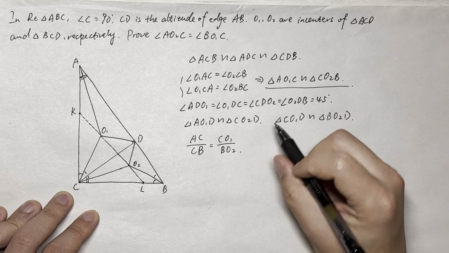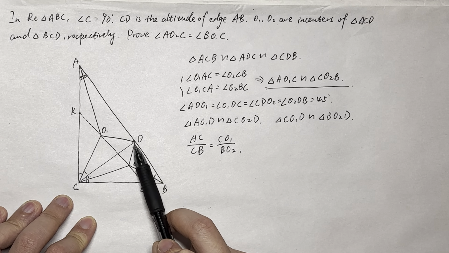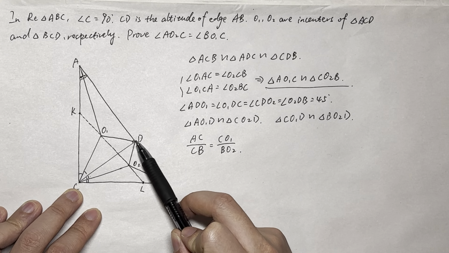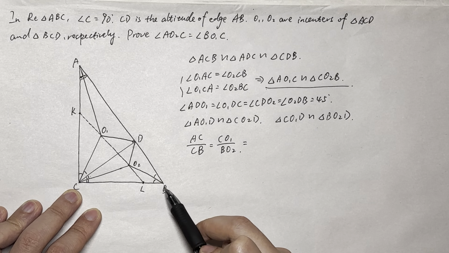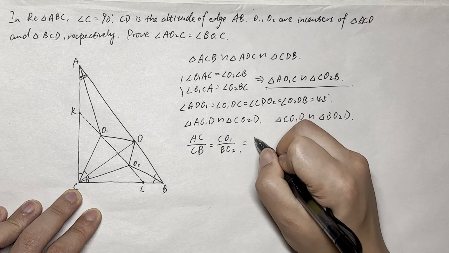And from triangle CO1D being similar to triangle BO2D, we know that CO1 to BO2 equals O1D to O2D.